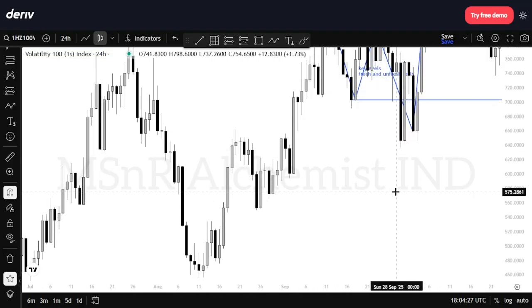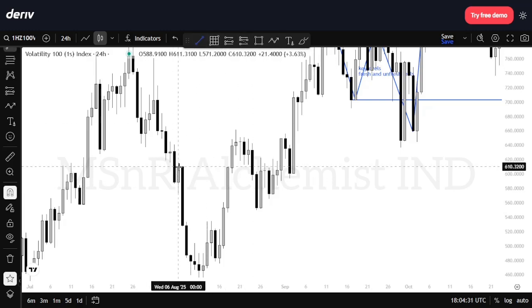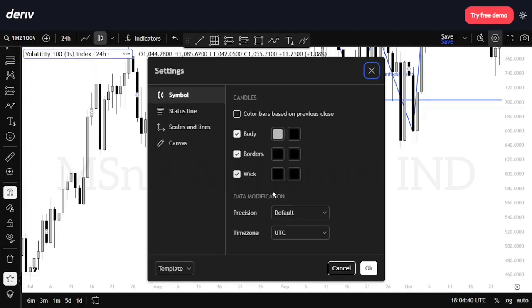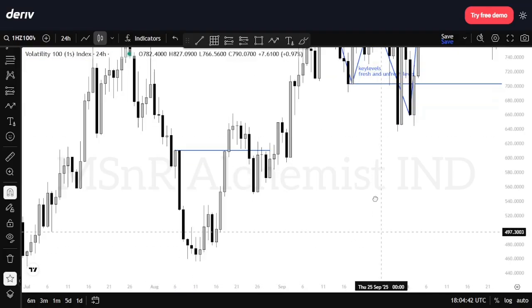Let me go through another support and resistance. See, another example. We have a resistance right here that got broken, and again it broke. See, it gave the reaction.